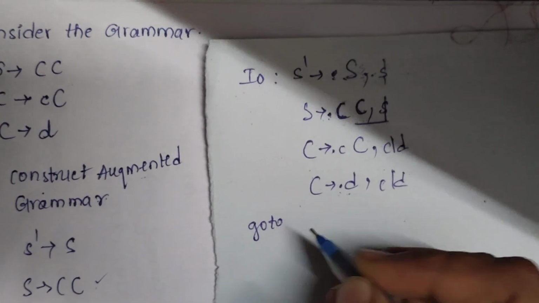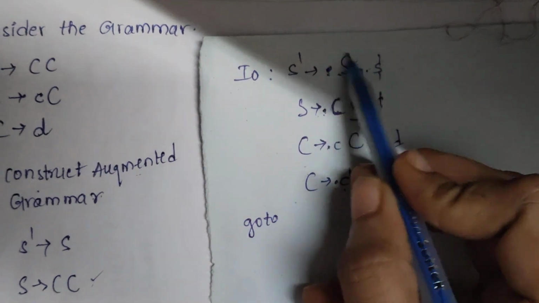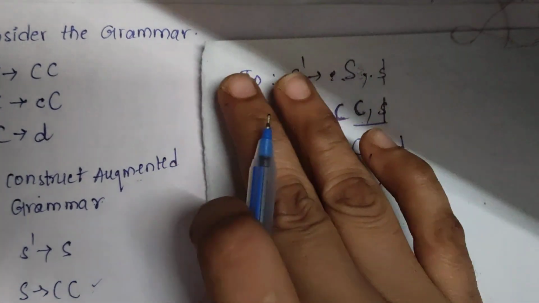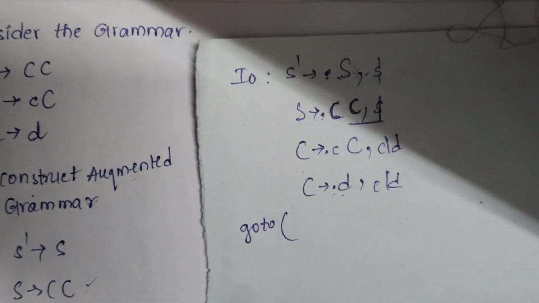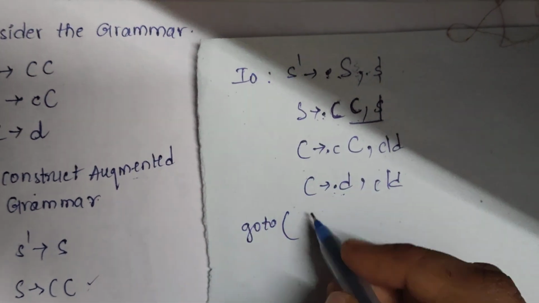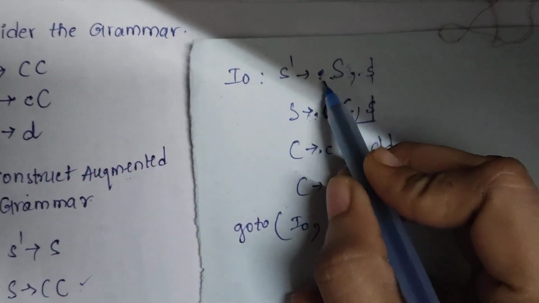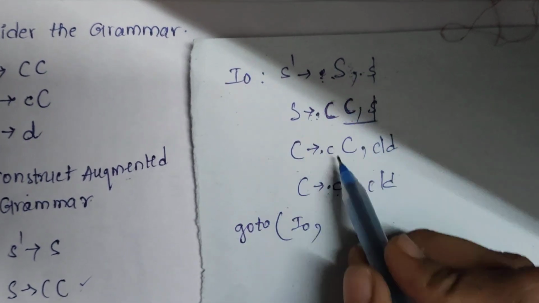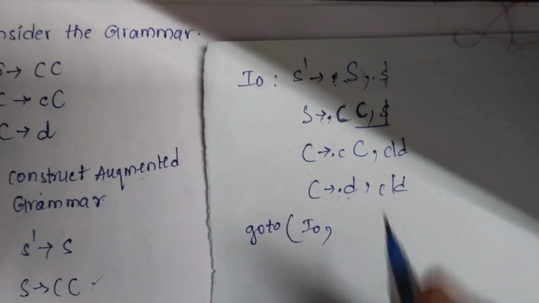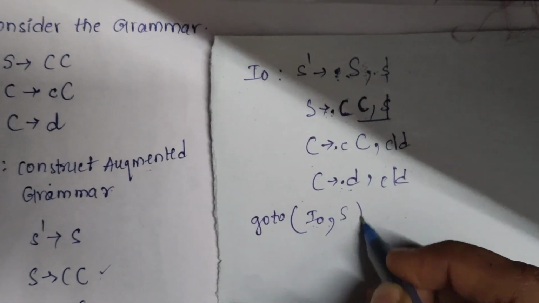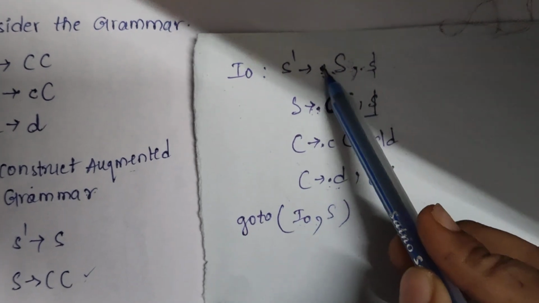In gotos, what we do is shift the dots. We go to each and every item and shift the dots. First we go to I naught, and for each symbol following a dot, we calculate the goto. So goto of I naught comma S: the dot is shifted here.